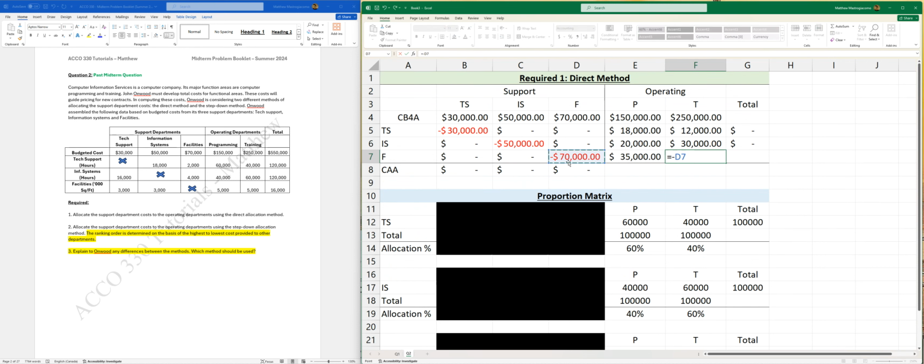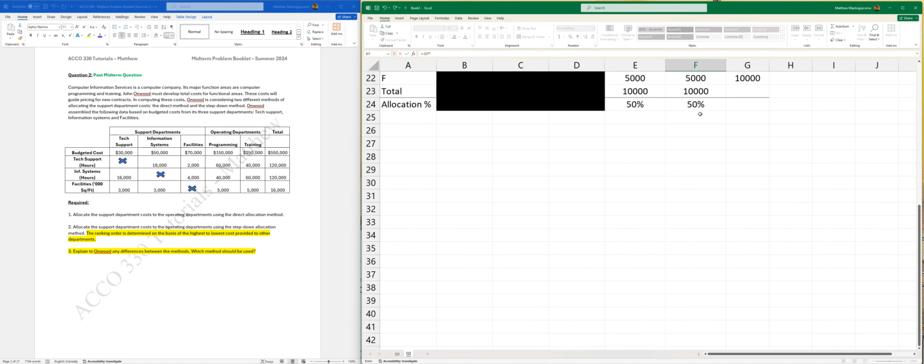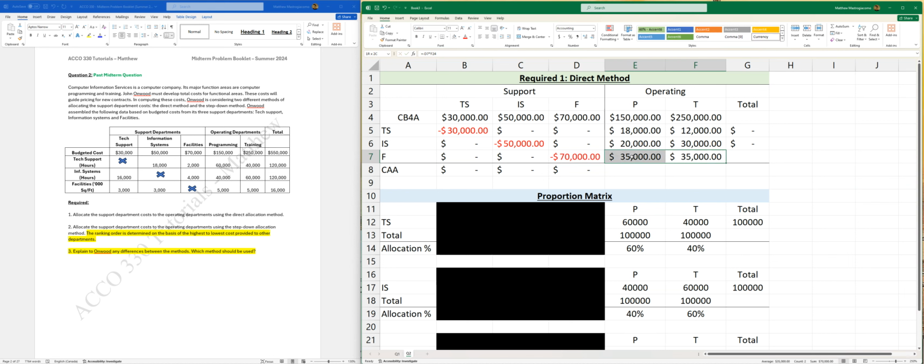Then we do 70,000 times 50%, 35,000 a pop, sum it up, 223, 327, and that's a wrap, guys. And we could just check here, and there you go. See how it adds all zeros over here? That means we got it right. And that's our allocation of the support department costs to the operating using the direct method, which is required 1.